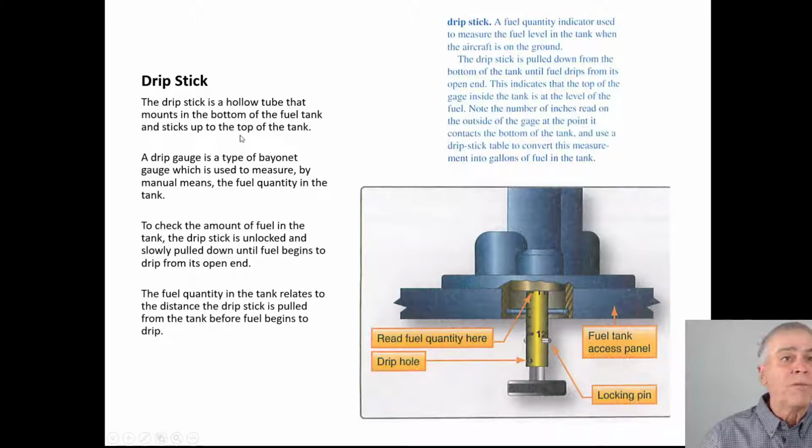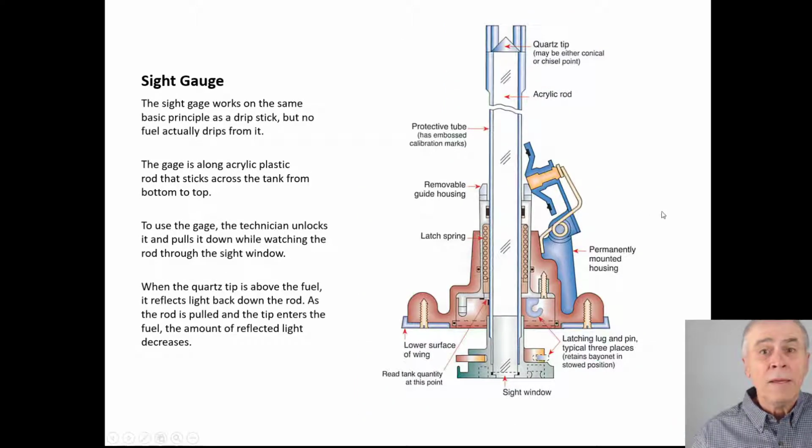You can read about the dripstick here. It's a hollow tube. They call that like a bayonet type gauge. Unlock it, slowly pull it down until you feel the fuel. And they call that a dripstick. A sight gauge.